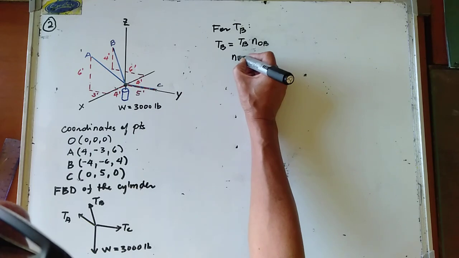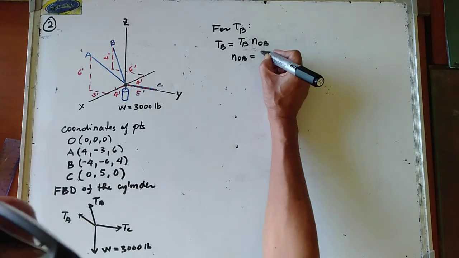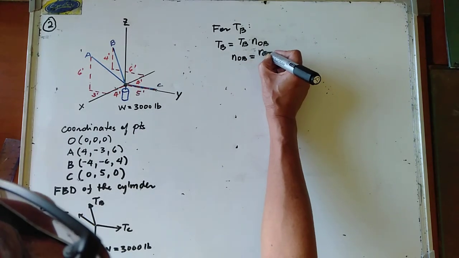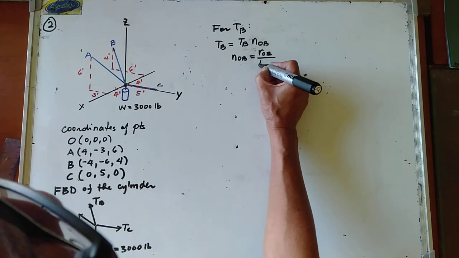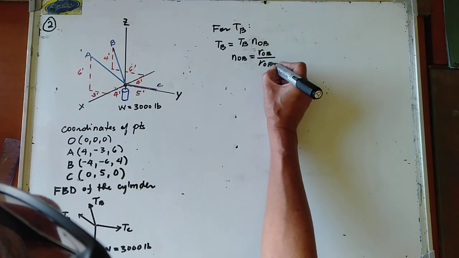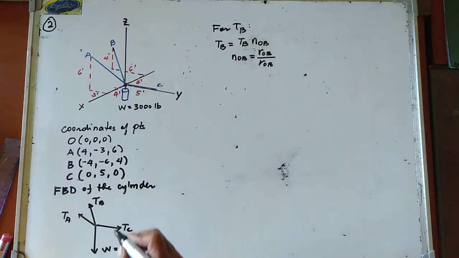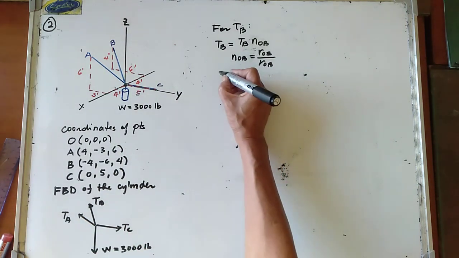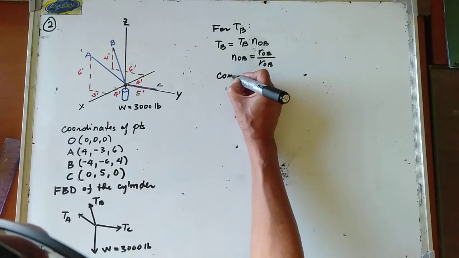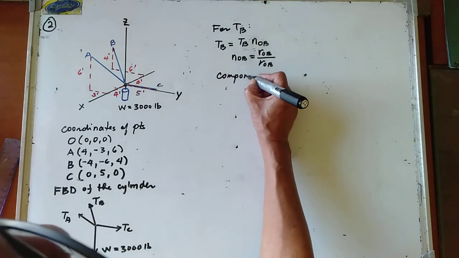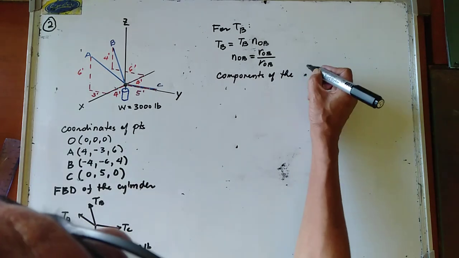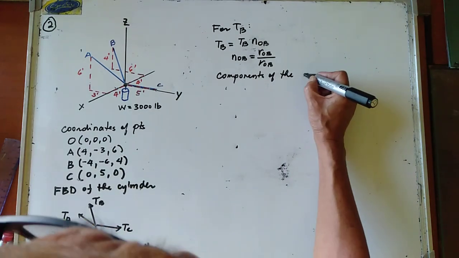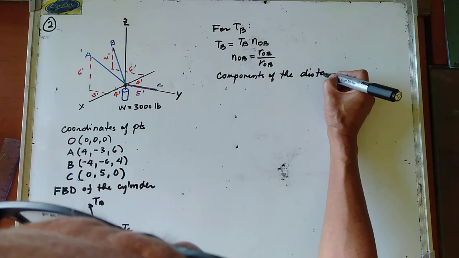Again, the unit vector is equal to a position vector in the direction OB all over the magnitude of that position vector. So again, let's get now the components of the distance OB.